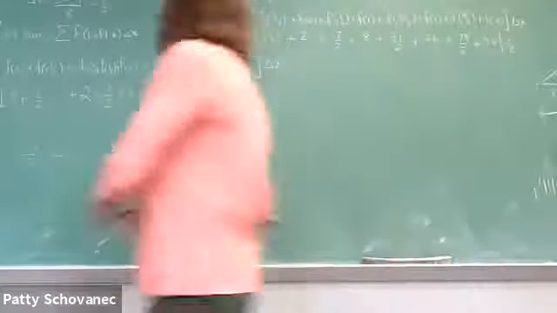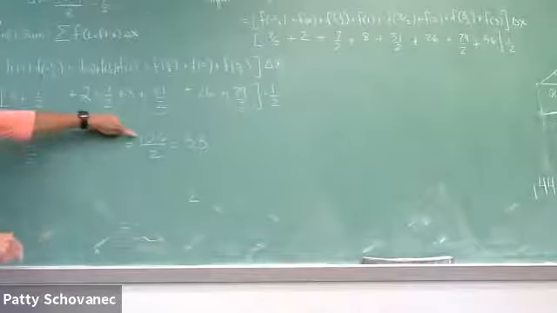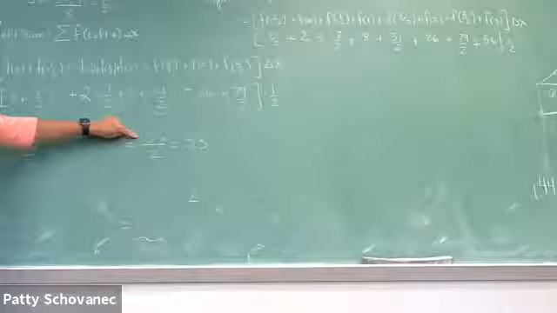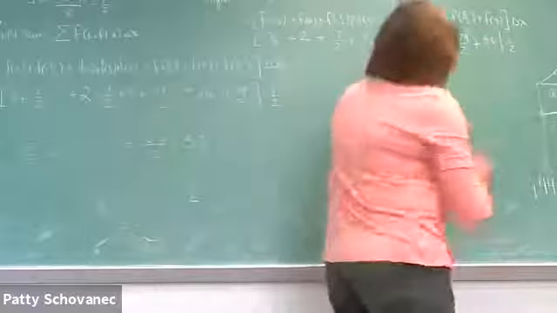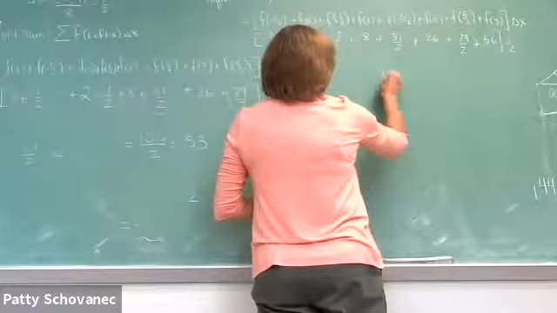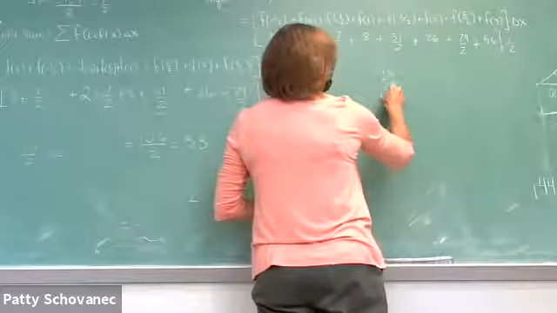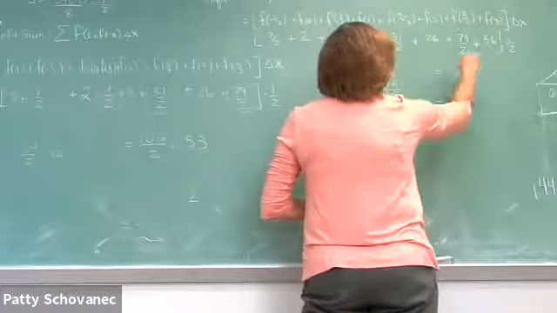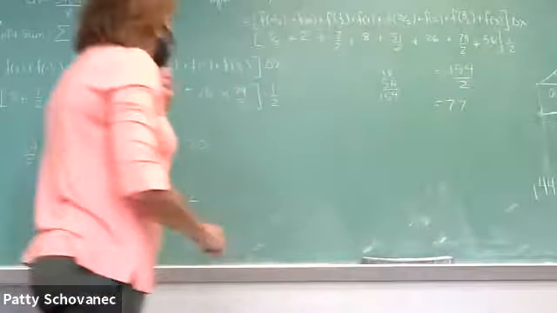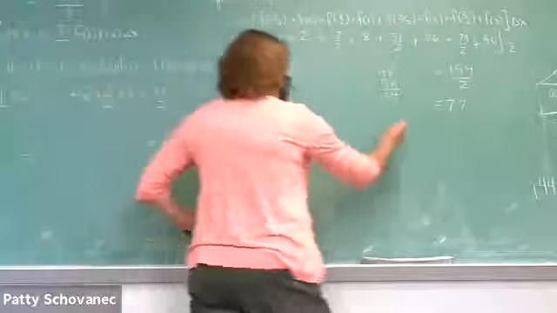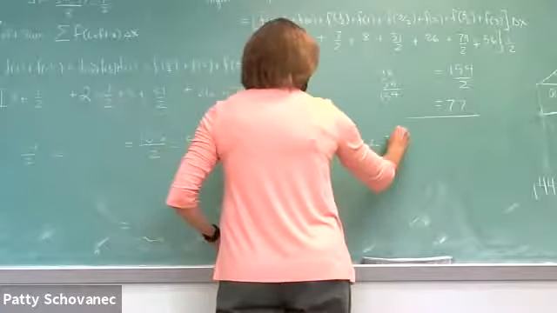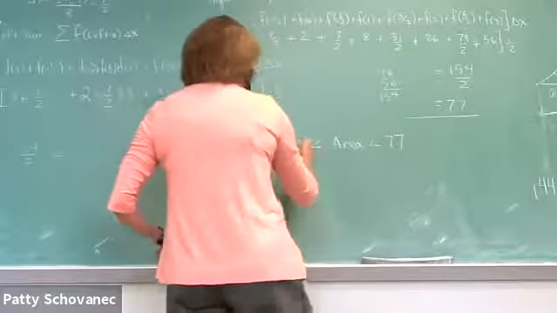So let's see, if I go back here and take the 8 out of here, 8 from 106 is 98. 98 plus 56 is 154. 2 times 7 is 14, so that time it gives me 77. So now I think that my actual area is some number between 77 and 53.